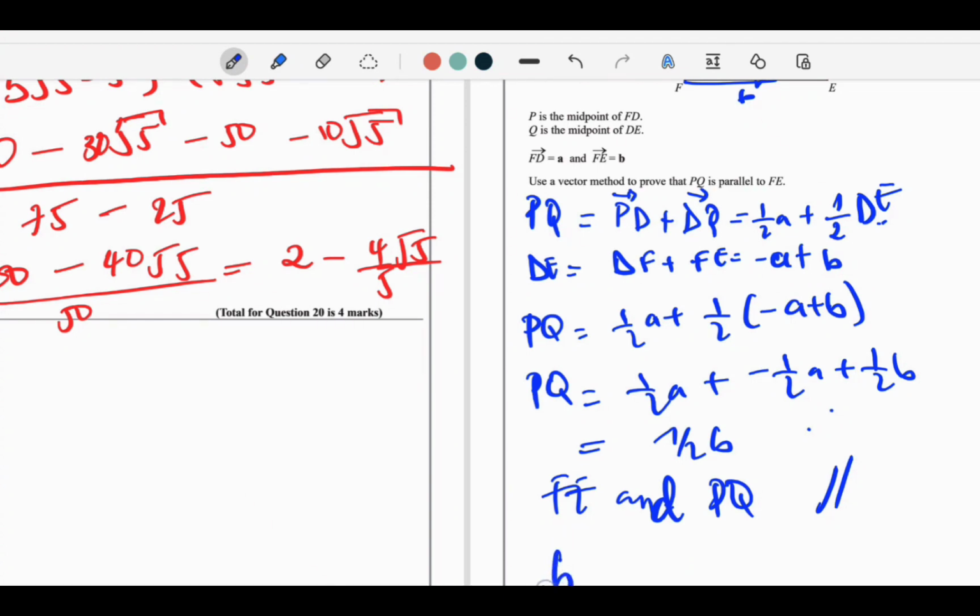So FE is B and PQ is half B. So if you multiply this by 2, you're going to get FE. And if you multiply FE by half, you're going to get PQ. So that's it. That's all you had to show.